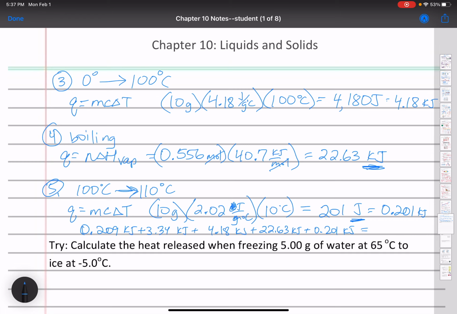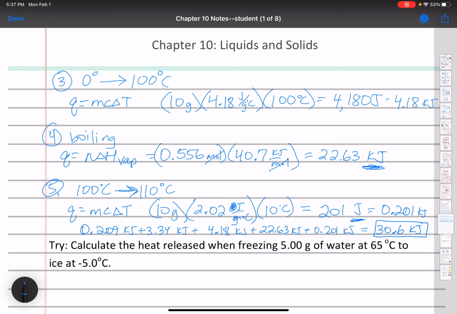Type it all in your calculator and you get 30.6 kilojoules, the total amount of heat necessary to go from a 10-gram block of ice to 10 grams of steam at 110 degrees Celsius, is 30.6 kilojoules.